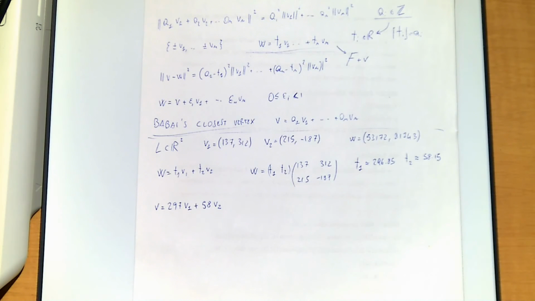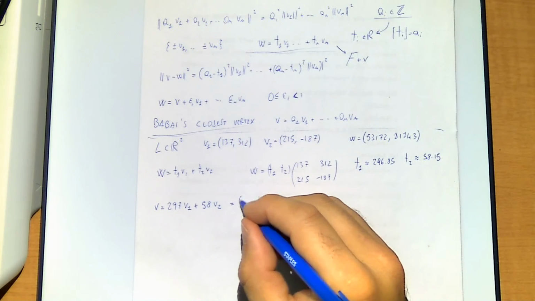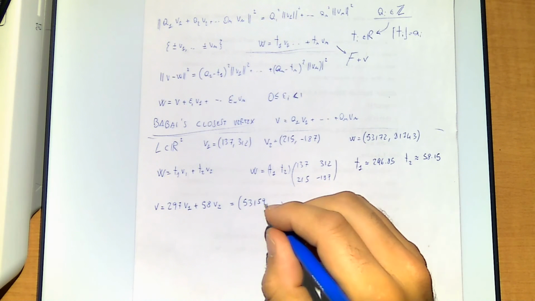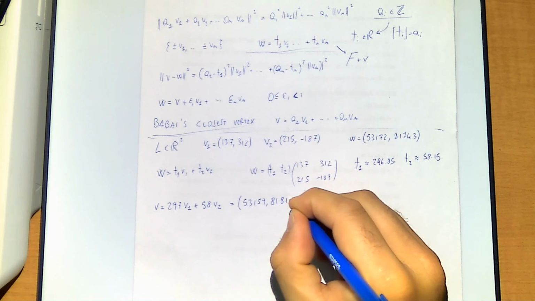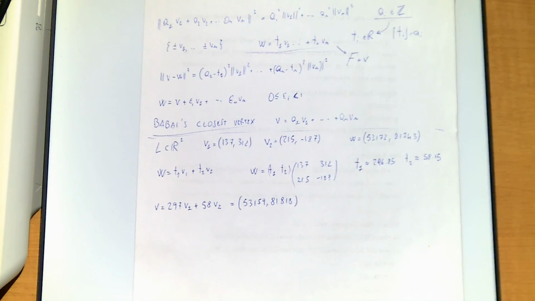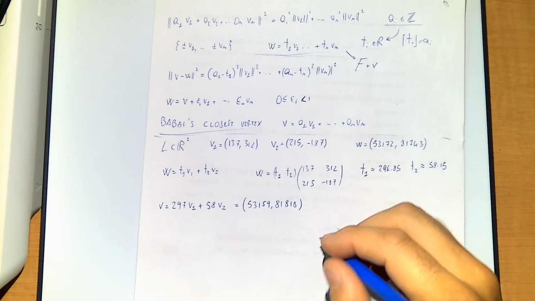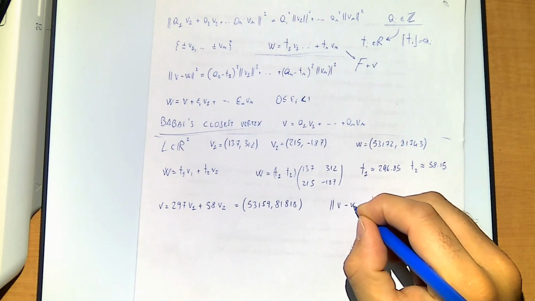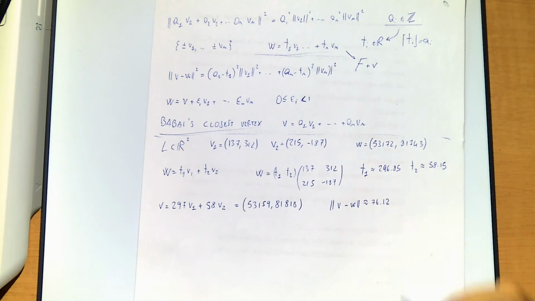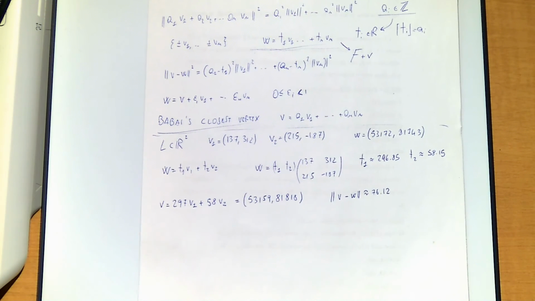We do that, and we get the vector 53159, 81818, which is not even close to this one. In fact, the distance between V and W is approximately 76.12. And so this is actually quite small.